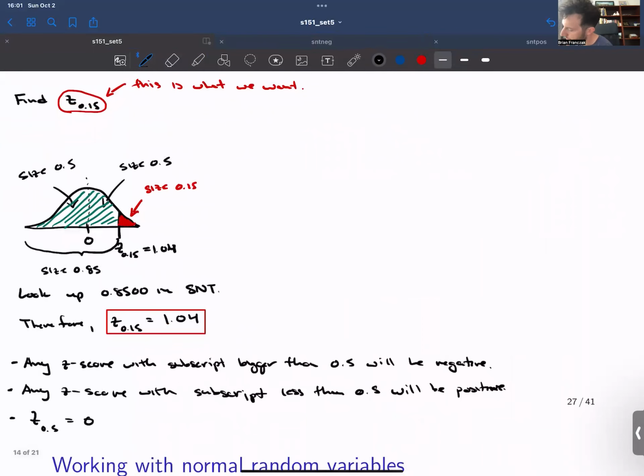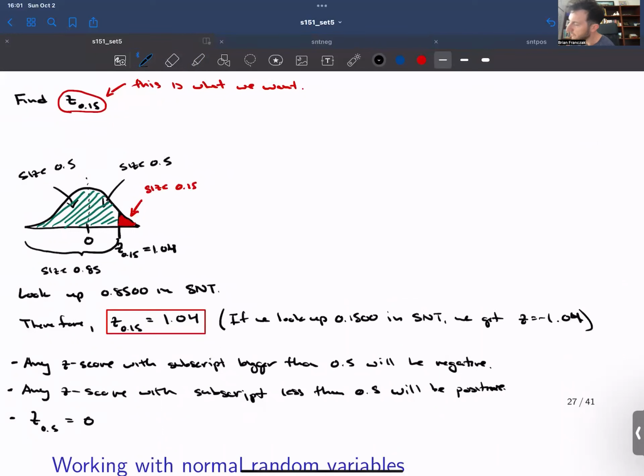If we look up 0.1500 in the table, we get z equals negative 1.04.